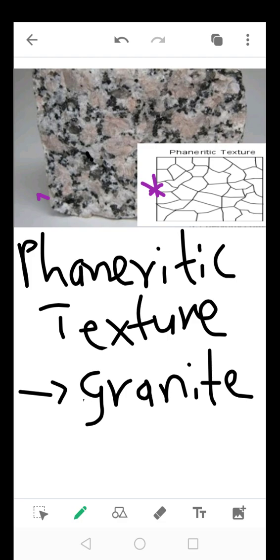So this phaneritic texture is the texture that can be seen with our naked eye. So if you can see the crystals with your naked eye, know that you are talking phaneritic texture, and it is mostly seen in the intrusive rocks.